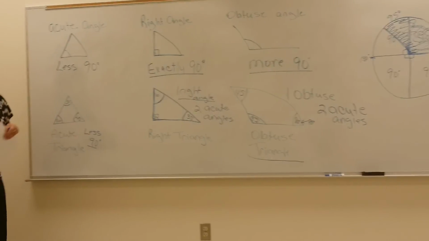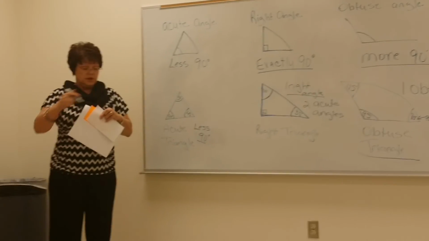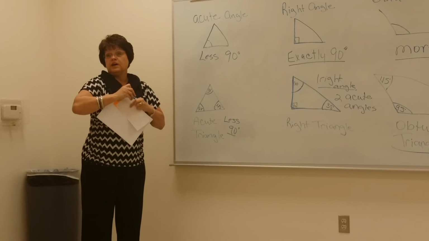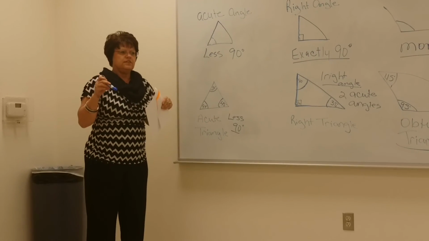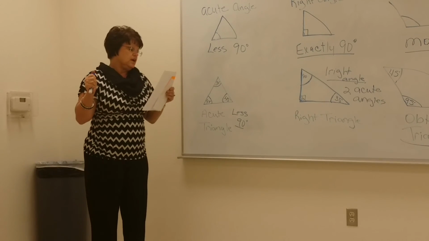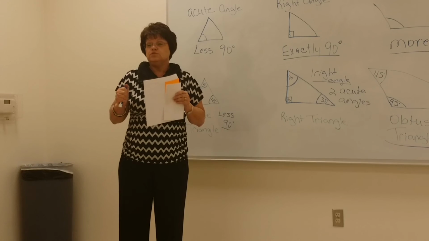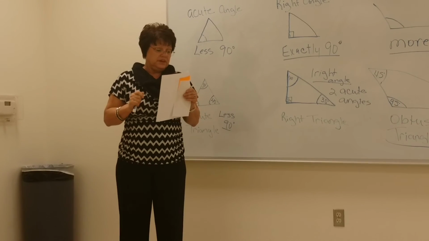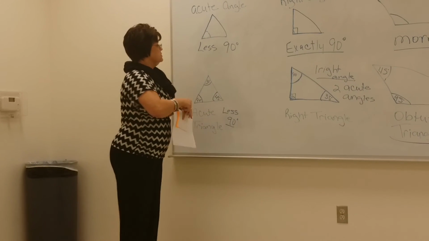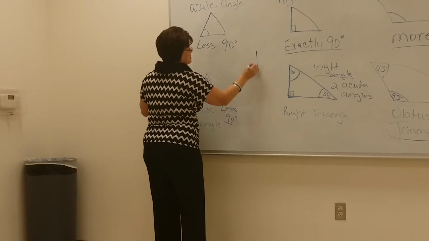So I hope you have a worksheet in front of you. It's called Identifying Triangles. Let's work together and see if you can. I'm going to work problem number one. What would you say problem number one would be? Problem number one looks like this.